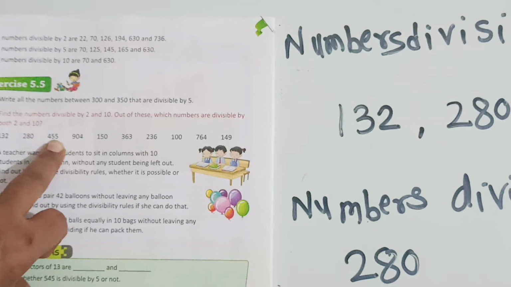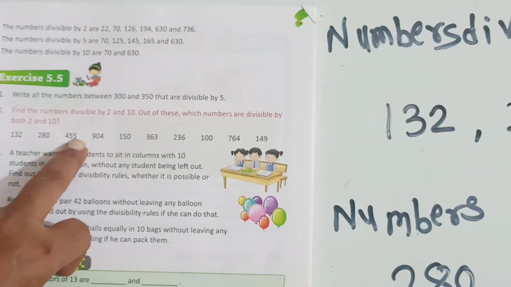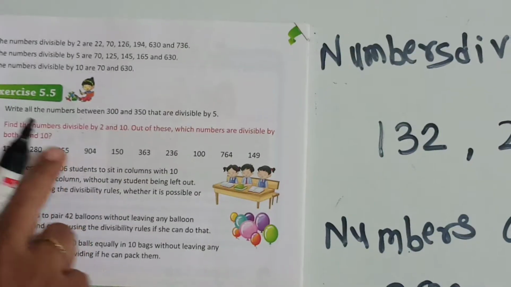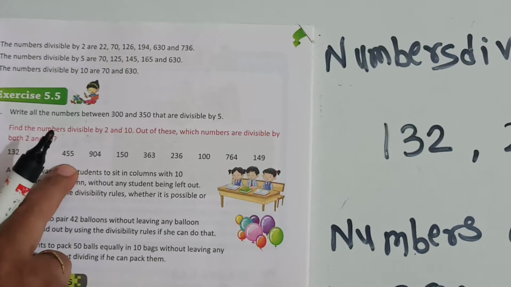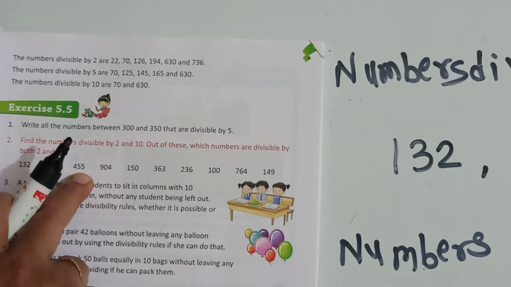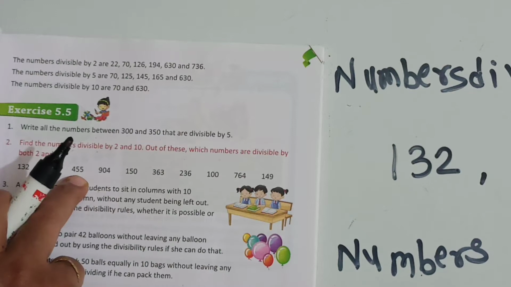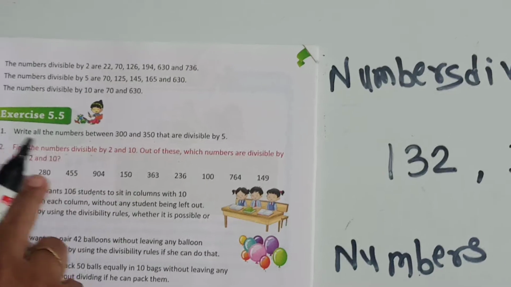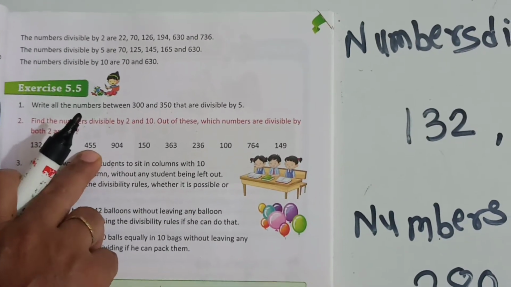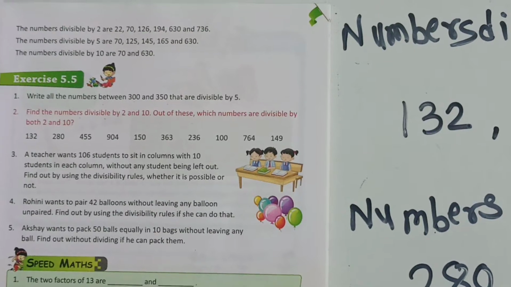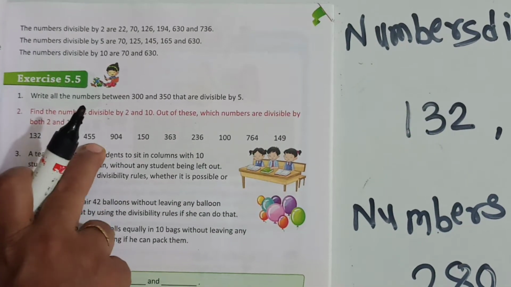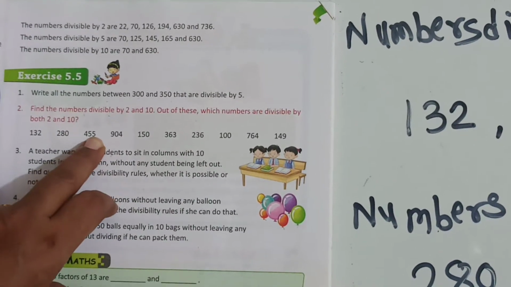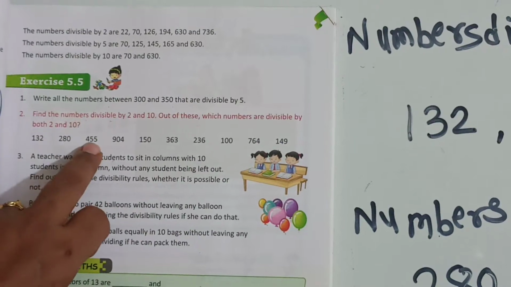The ones place is 5, and it is not divisible by 2 and 10, because if there is 0 in the ones place, then only that number is divisible by 10. And if the digits 0, 2, 4, 6 and 8 are in the ones place, then only that number is divisible by 2. But here the ones place is 5. So it is not divisible by 2 and 10.